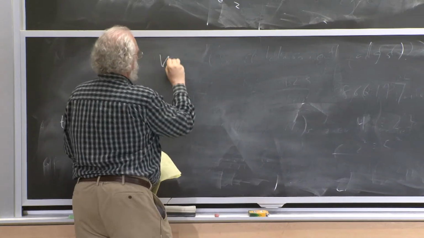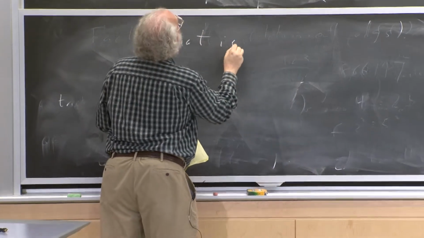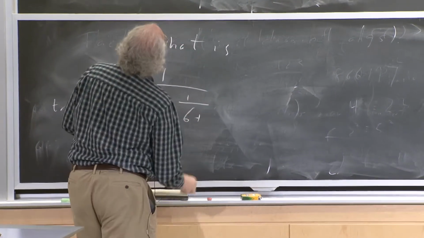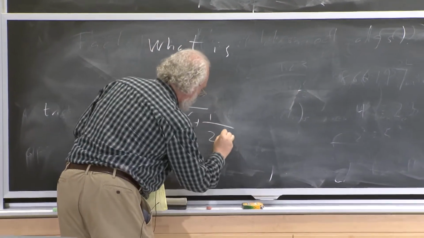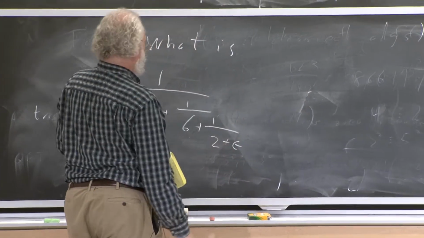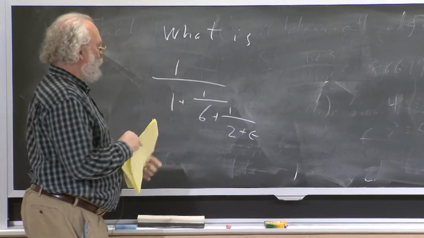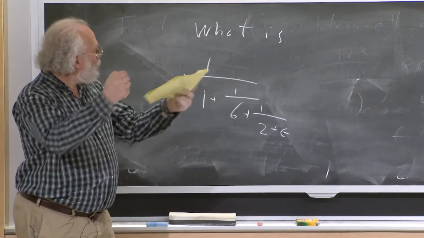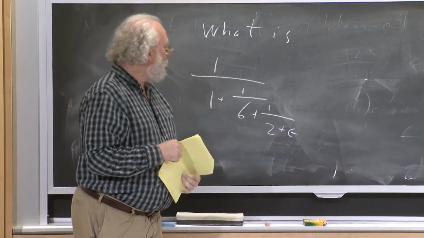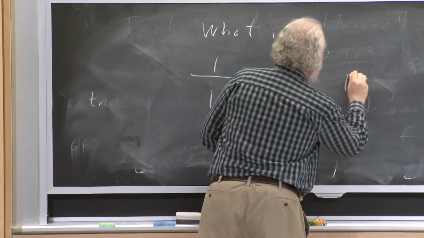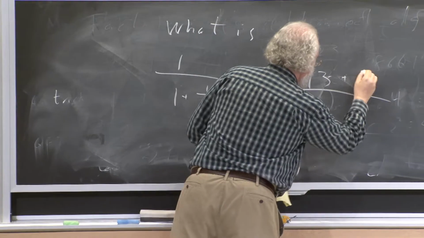So what is 1 over 1 plus 1 over 6 plus 1 over 2 plus epsilon? Well, this is clearly a fraction with epsilon in it, and I'll tell you what it is first, and then I'll tell you why it has to be of this form.